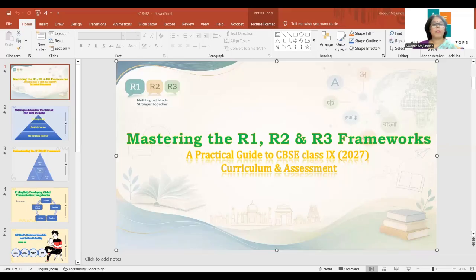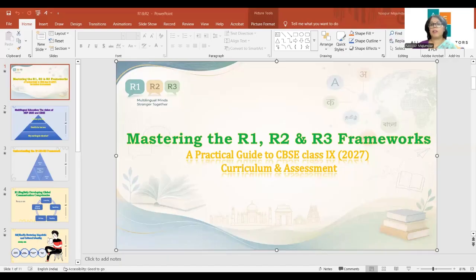Today's session is designed to help you understand not only what R1, R2 and R3 mean, but also how it can be implemented effectively in our classrooms.